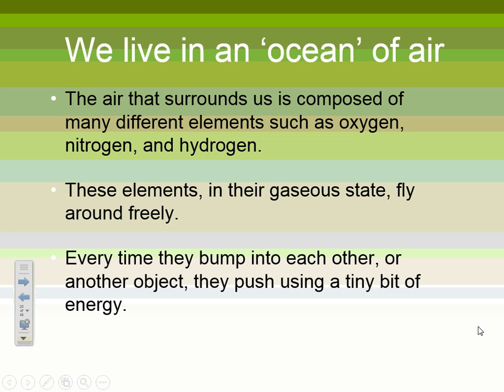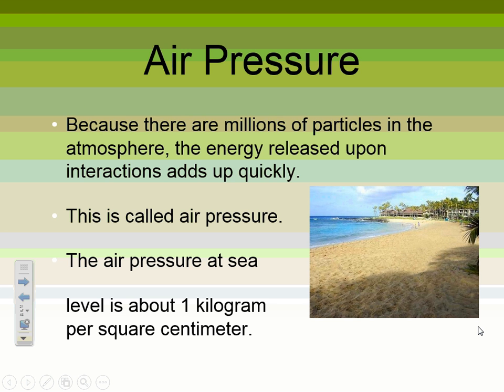Every time they interact, they push using a tiny bit of energy. That energy builds because there are millions of particles in the atmosphere constantly bumping into each other. Because that energy builds up, that's what creates our air pressure.